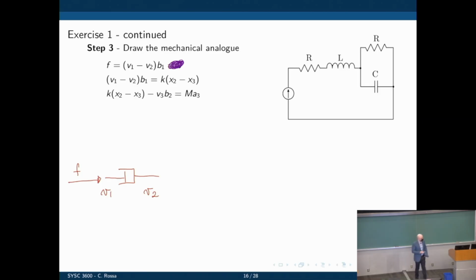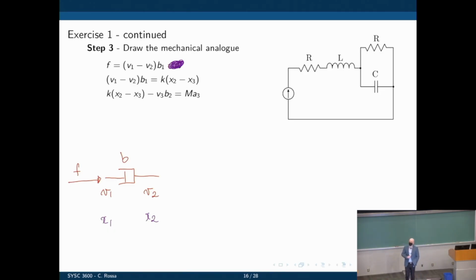That damper has a coefficient of viscous friction, B. So here is the first degree of freedom of our system. That is x1, that is one displacement. And here is x2, that's another displacement. That's it for equation 1.